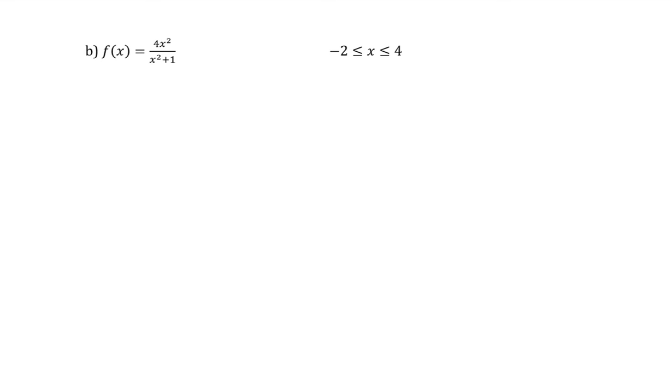And so the first thing we're going to do is take the derivative. So again, it is the derivative of the top times bottom minus derivative of the bottom times the top all over the bottom squared.